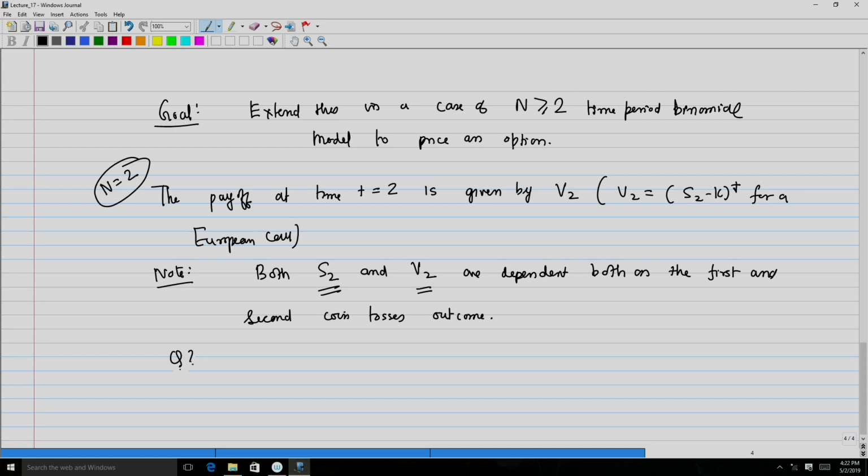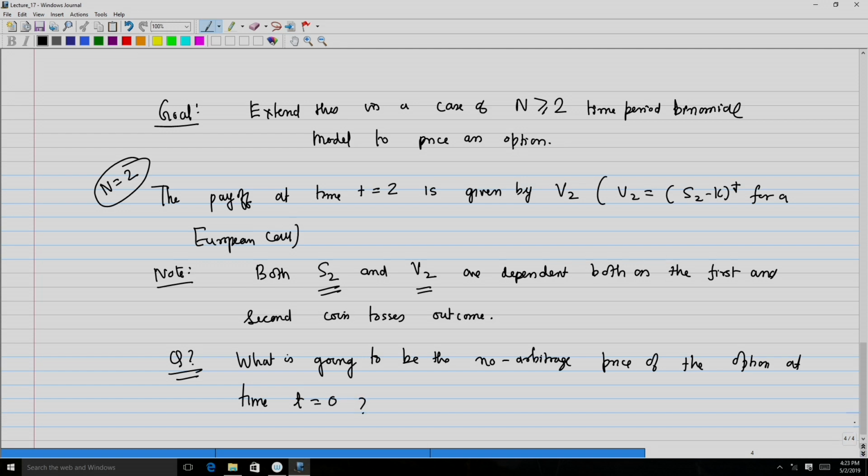So, the immediate question that arises is what is going to be the no arbitrage price of the option at time t is equal to 0.